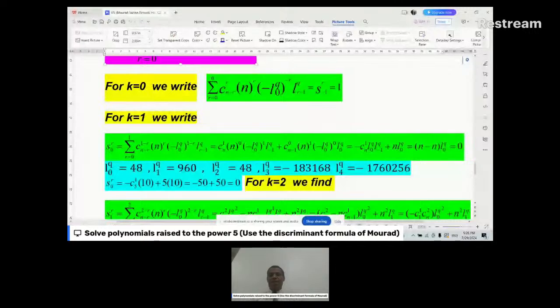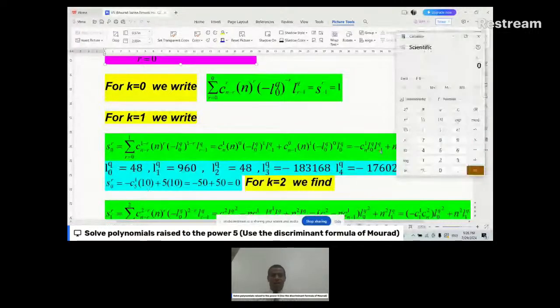This is negative 5 times 48, because L0 for the q is 48, plus 5 times 48. So this one equals 0.